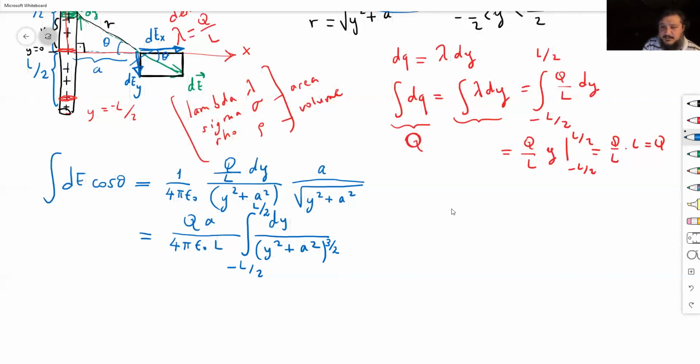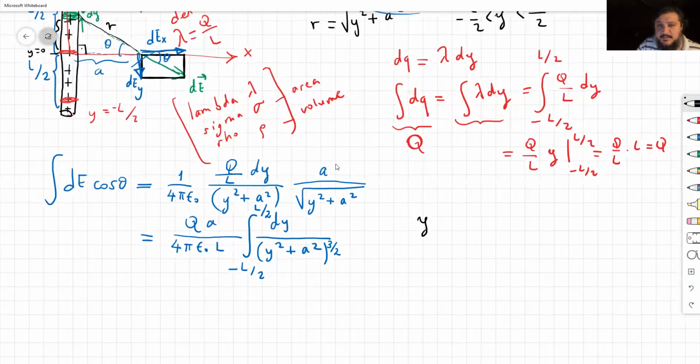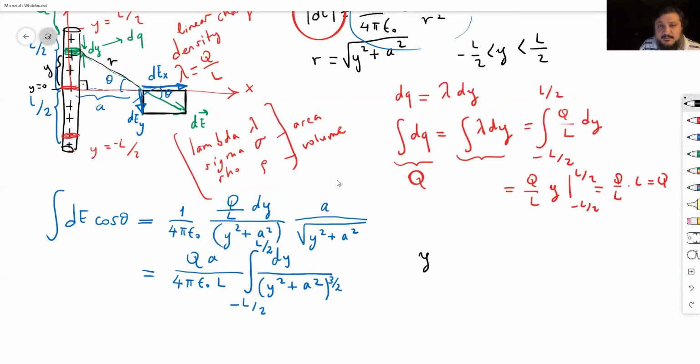So at this point here, instead of converting everything to y, you could make this substitution here. Let's say you could say y, look at the angle here, theta, right? You have y divided by a equal to tangent theta, right?